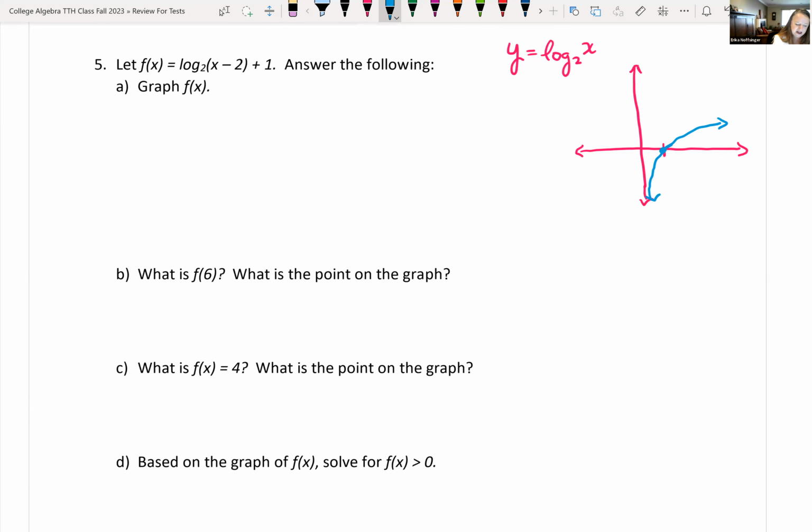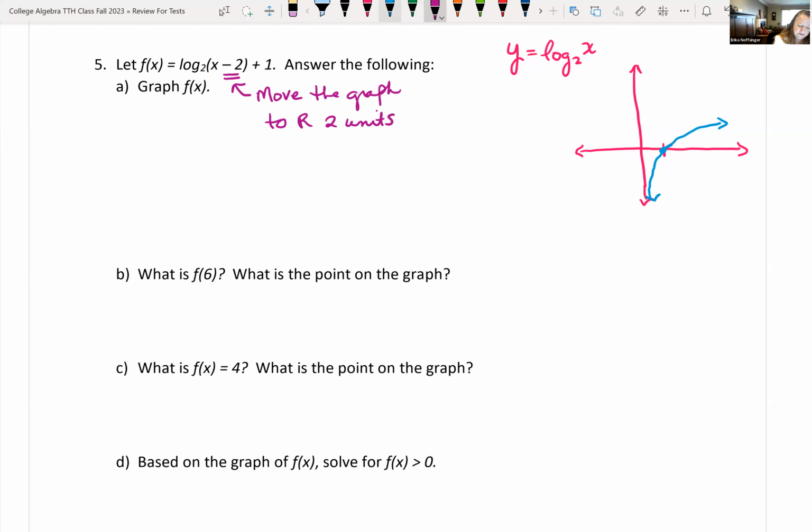And so I can tell that this minus 2 in here, this is going to move my graph to the right two units.